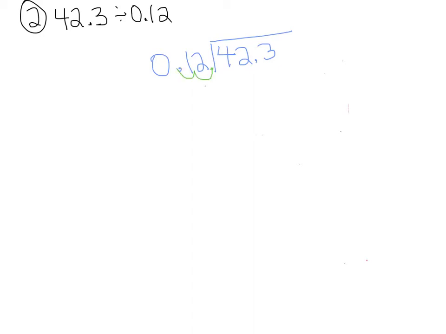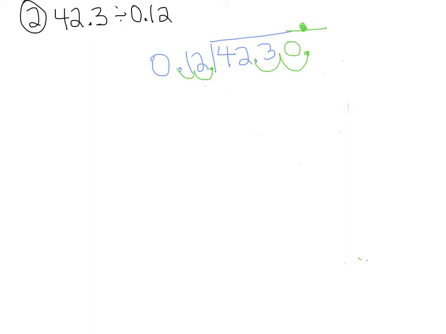That's just moving the decimal place twice. If I move the decimal place twice on my divisor, I'm going to move my decimal twice on my dividend as well. Got to keep it the same. Let's go ahead and put our decimal point up top so we don't forget it. And now I'm just going to divide this as if it was 4,230 divided by 12.